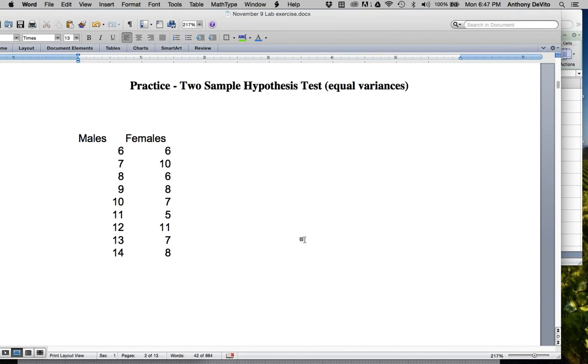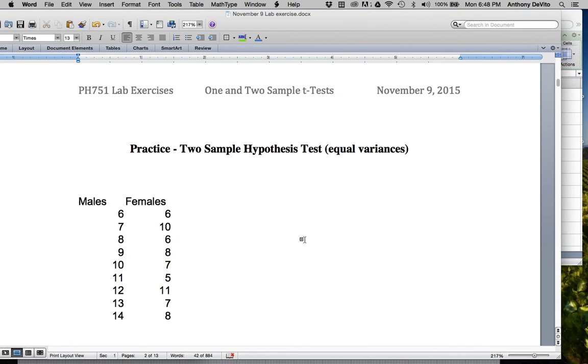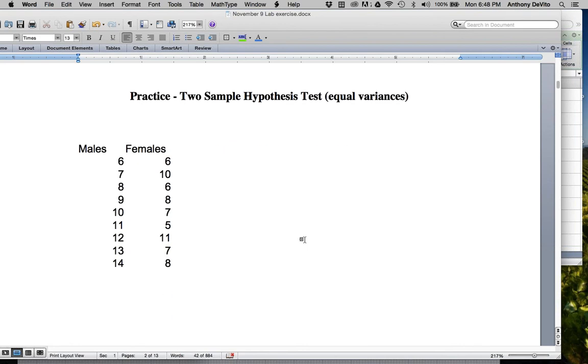A 2-sample t-test with equal variances. Well, first of all, how do I know the variances are equal here? Do I know the population? Is there anything here that suggests that we know the population means for males and females, or that we know the population standard deviations for males and females? No, it's not a word problem, but we can see the numbers that we've gotten. Nobody has given us any information about the population.